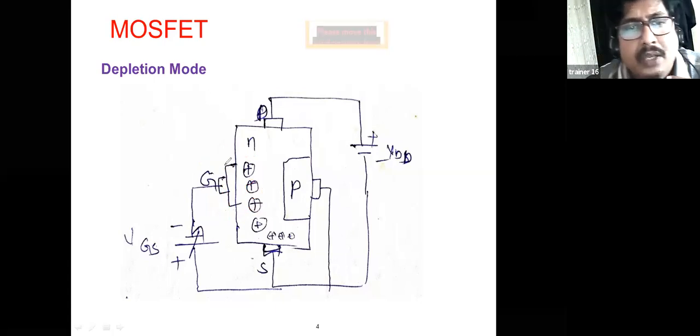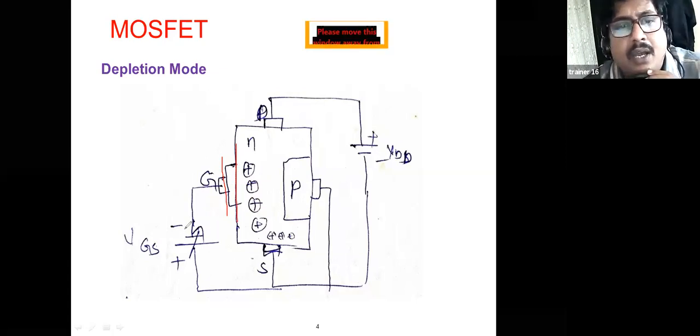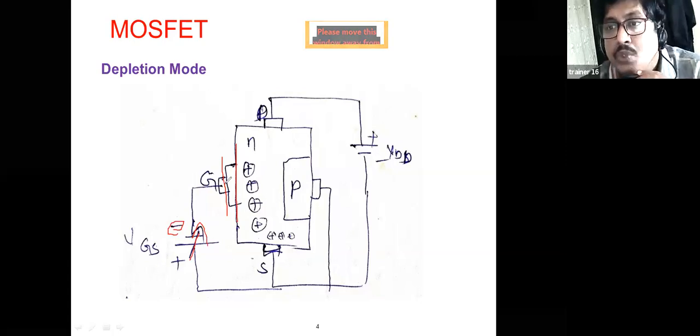See here, this is one plate, the gate, and this is the other plate. And in between, this is the metal oxide layer. And when you apply VGS, this is a variable. This indicates it is variable, changing. We are increasing the negative here. Negative is connected to the gate. We increase the negative gate to source voltage.